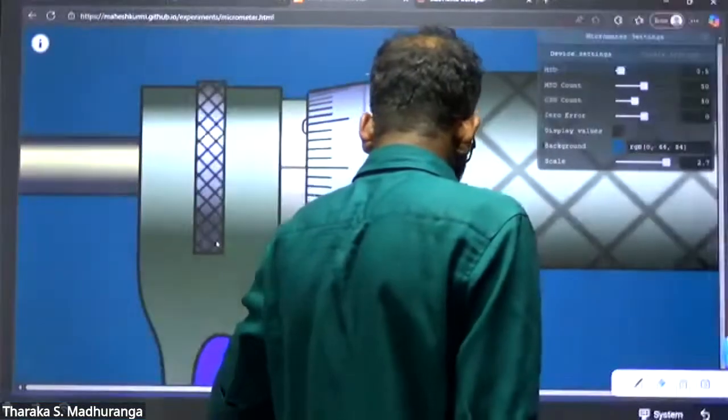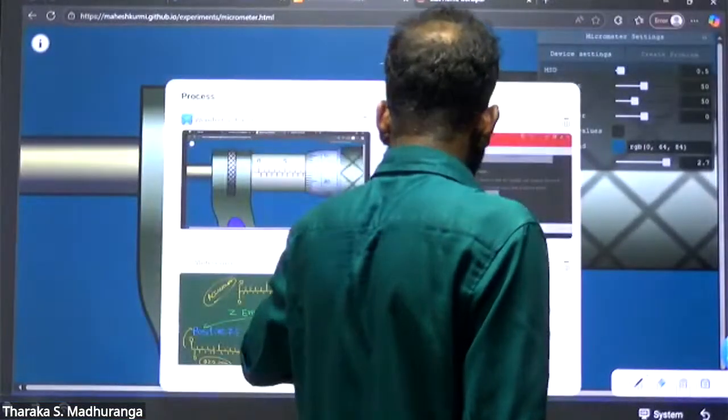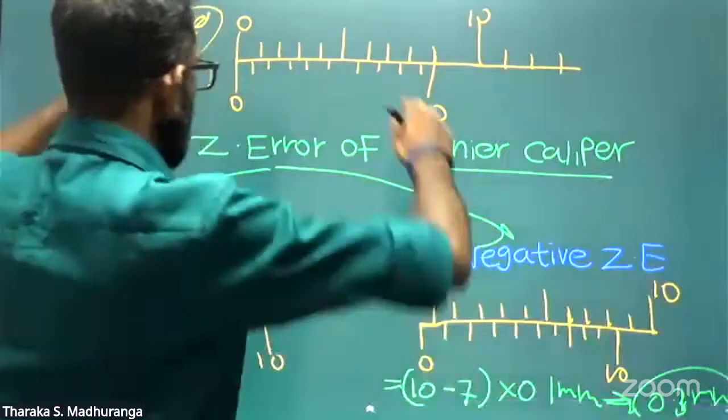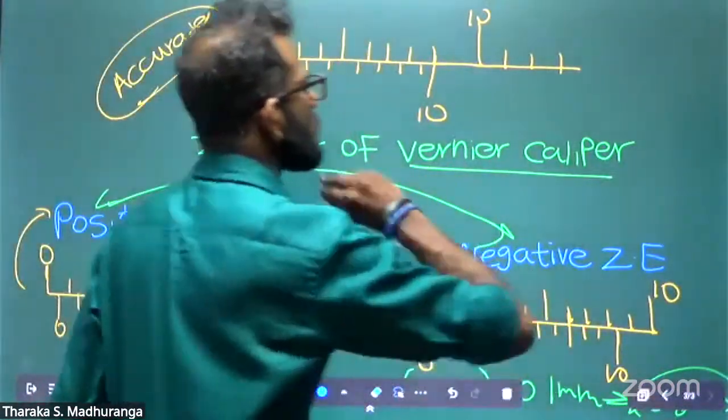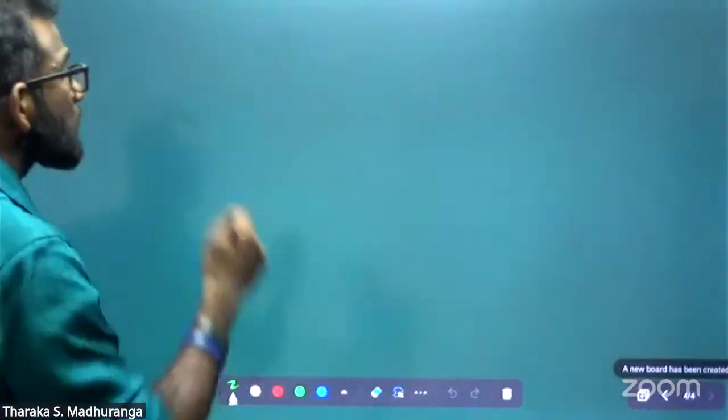I will show you on the whiteboard. Keep in mind, if you don't know the vernier caliper, please go through the recordings and complete them.